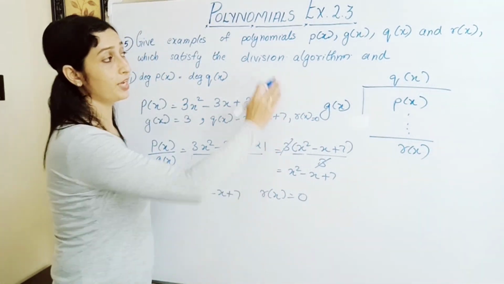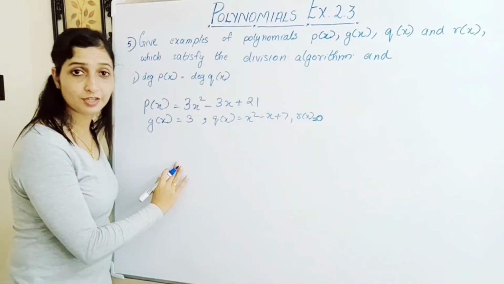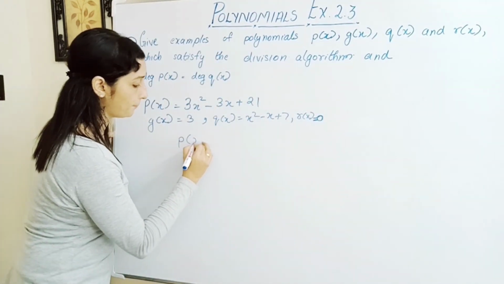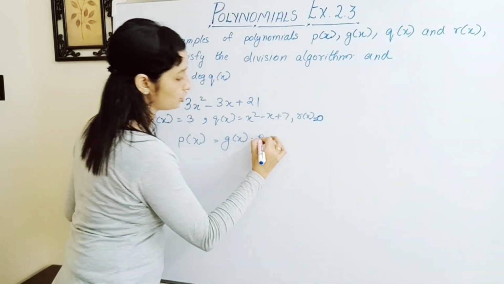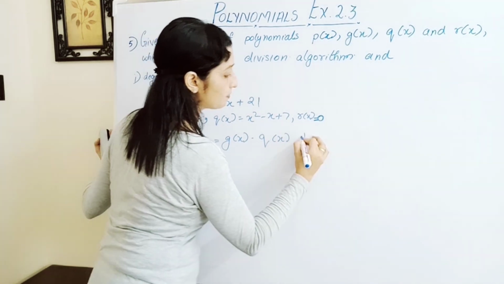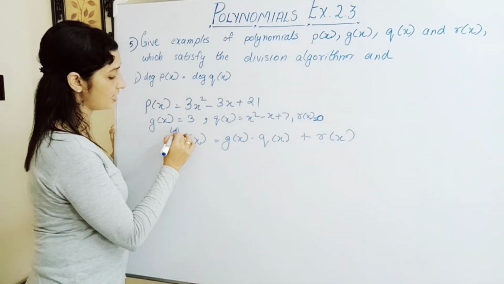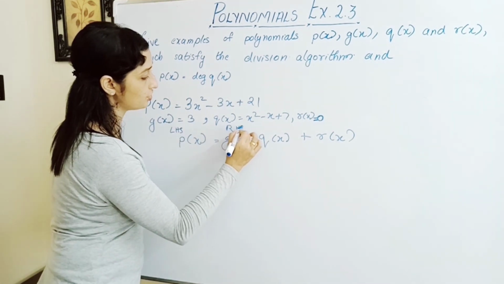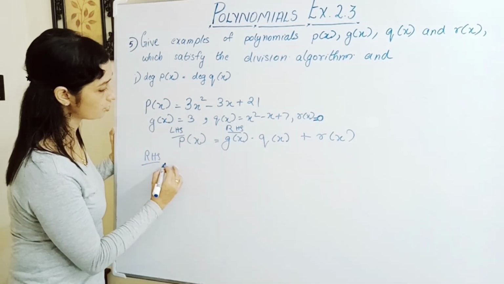Now let's verify the division algorithm. Now what is our division algorithm? P of x is equal to g of x into q of x plus r of x. So let's name this as LHS and this as RHS. So let's first take our RHS. What is our RHS?